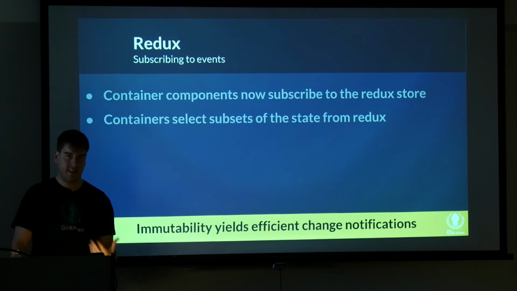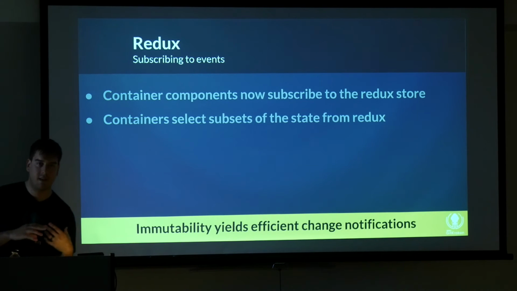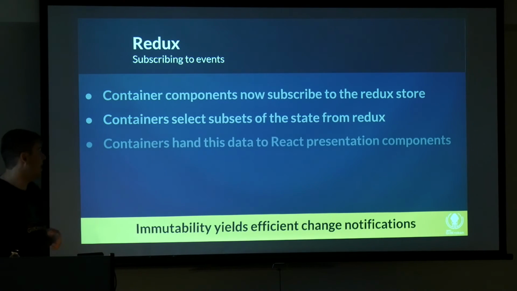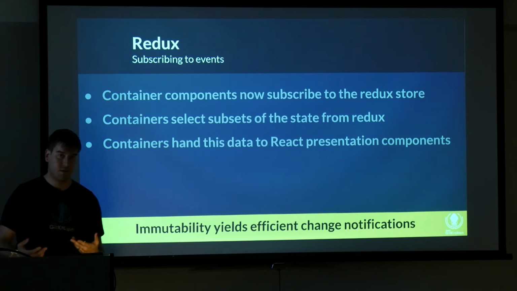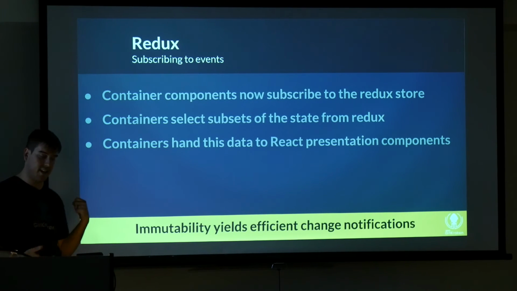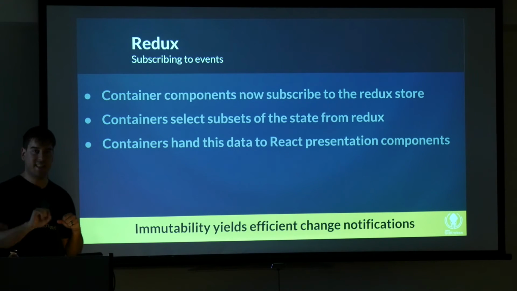We're going to take that state in our container components and map it into something that's now renderable, and pass it off to our presentation components. The container component's collecting data from the store, and just hands that off to the presentation component.